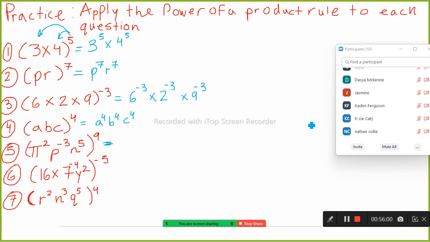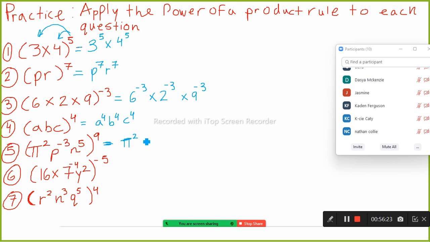Pi to the power 2. P to the power -3. So you don't want to put anything on the pi, just pi squared.